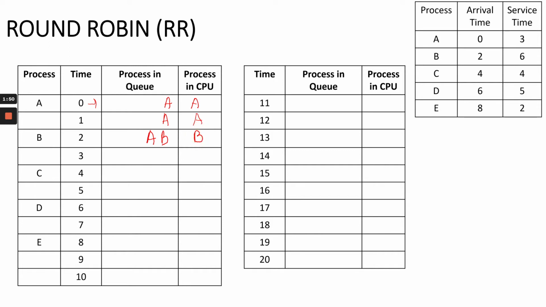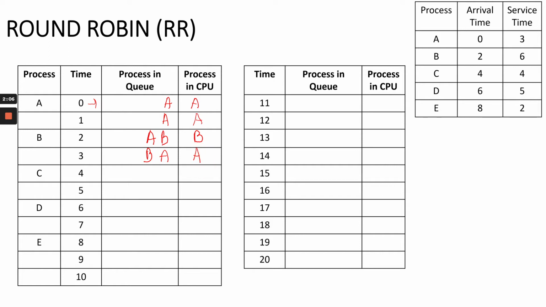At time 3, there are only 2 processes in the queue, but A is at the front of the queue, B is preempted, so now A is selected to run in the CPU.